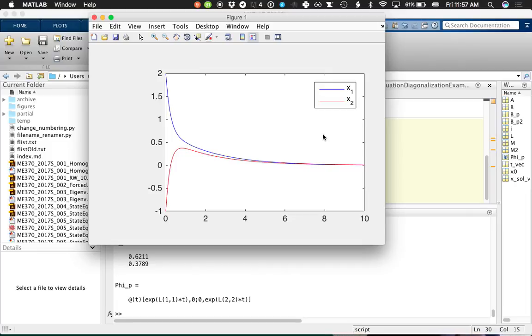You have some initial velocity of the mass and some initial force in the spring. Say 2 meters per second is the velocity of the mass, and -1 Newton is the force in the spring. Then this is how they respond. It's overdamped, so it's not going to oscillate. They'll just respond, and then they'll come to an equilibrium.